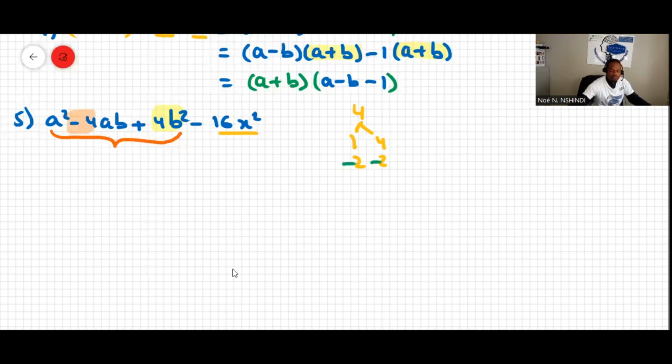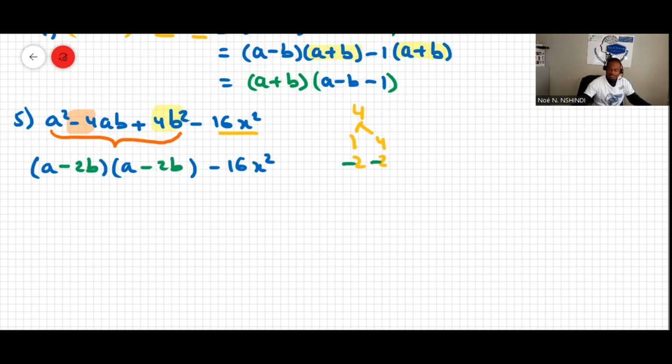As you can notice, -2 minus 2 makes -4, and -2 times -2 makes +4. That's the +4. Then over here, I was just gonna place a in the bracket like that, and then minus 16x², and then there I'll do -2b. I'll place -2b and -2b there.